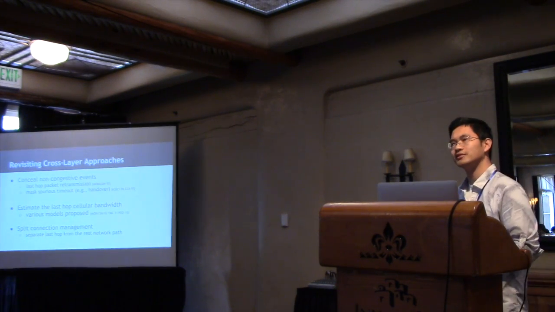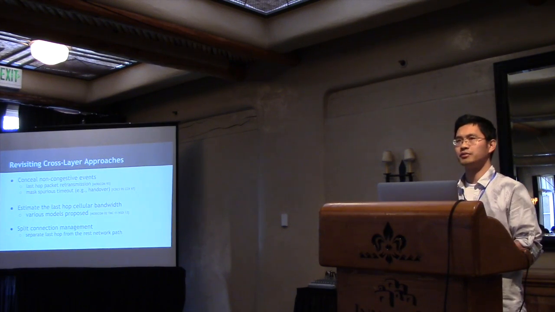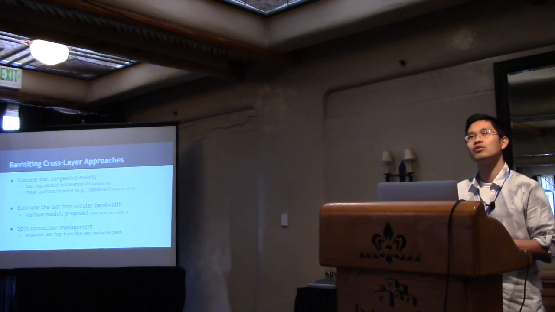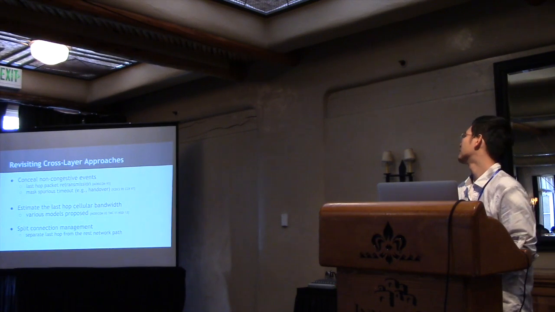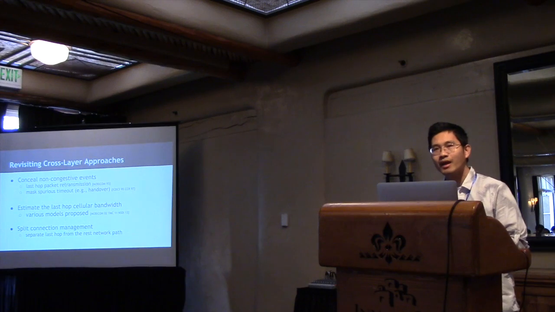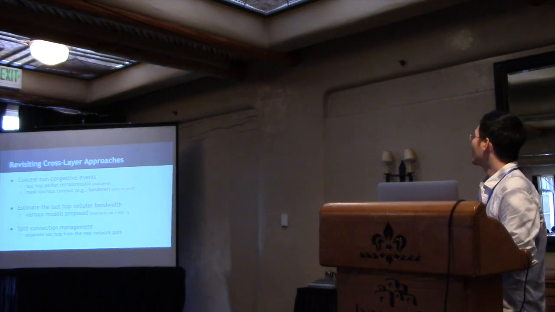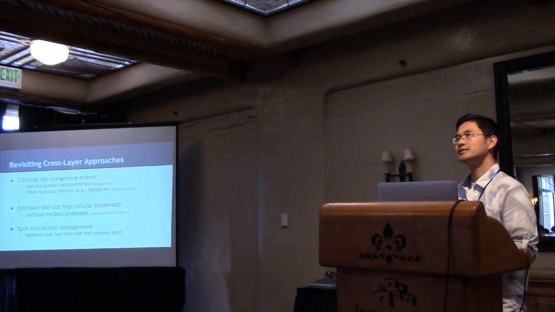Some efforts try to conceal the non-congestive events by retransmitting packets in the last hop, or masking away spurious timeouts due to handover. Others have built various models to predict the bandwidth, which helps TCP to do a better job.